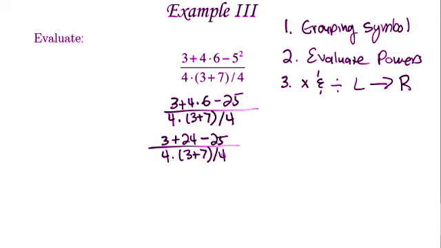So now I have 3 plus 24 minus 25. That becomes, going from left to right, 27 minus 25. Now, that's simple. 27 minus 25 is simply 2.